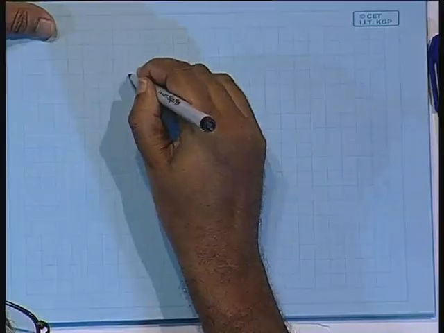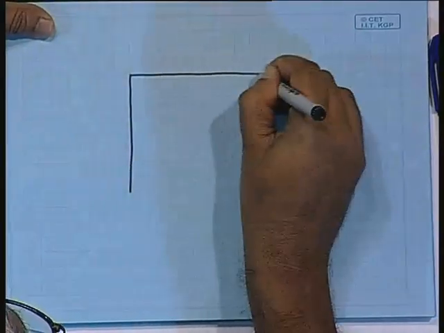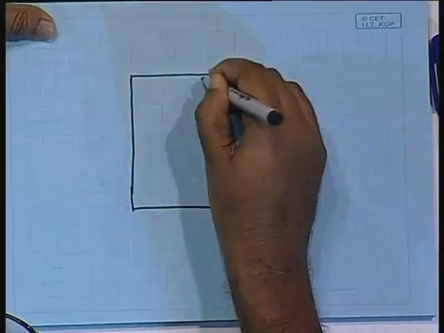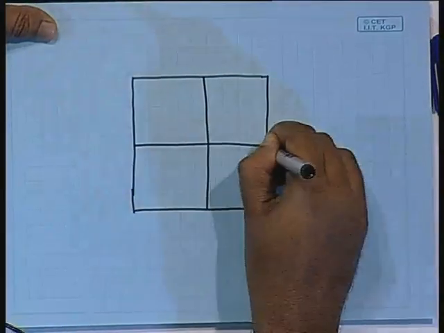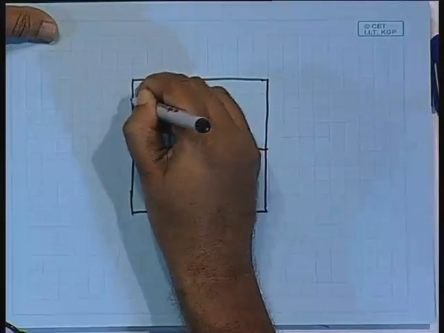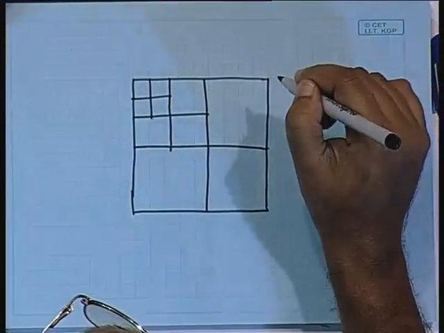What I mean to say is that in the last class you had seen that if we have a dyadic partitioning like this. So, if this is the first level of decomposition, and then we go through the second level of decomposition and third level of decomposition and so on.